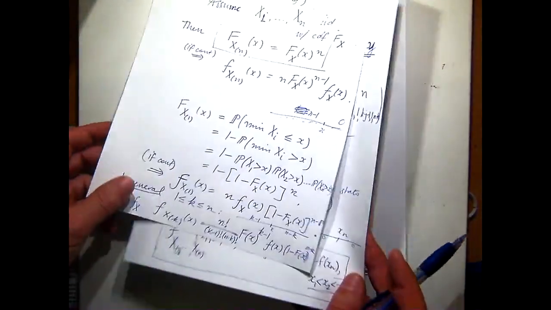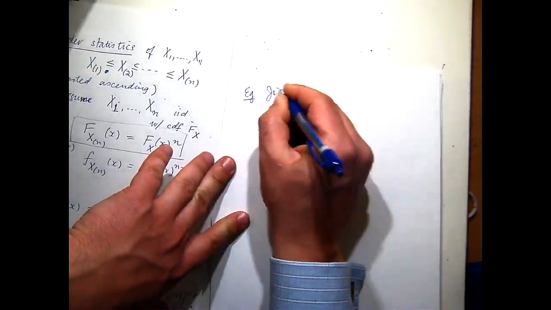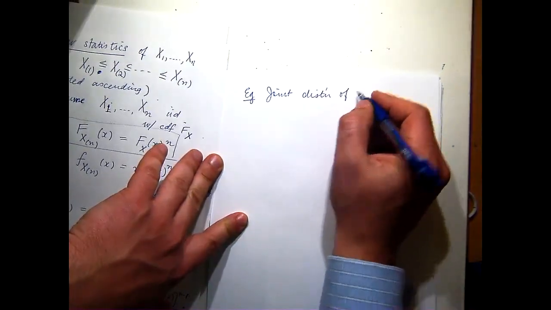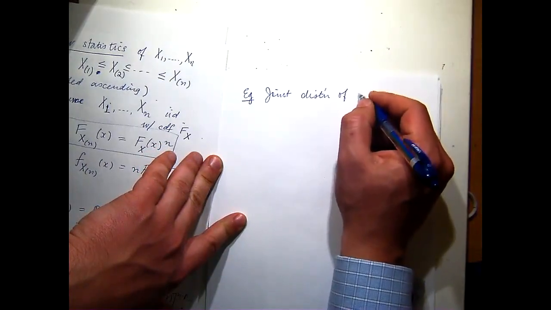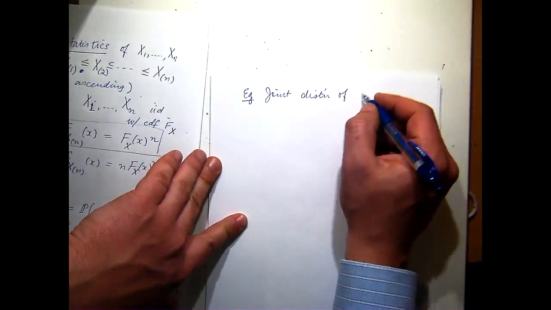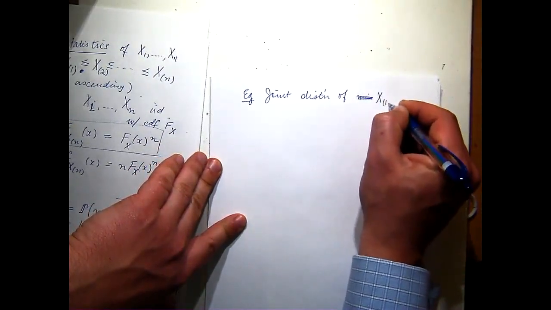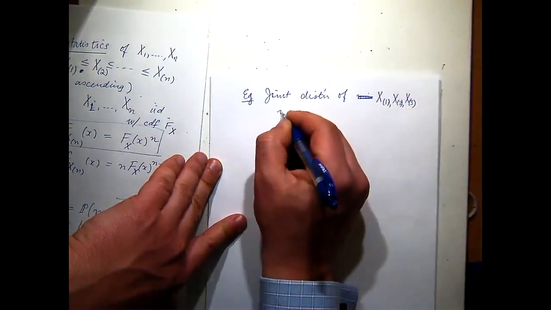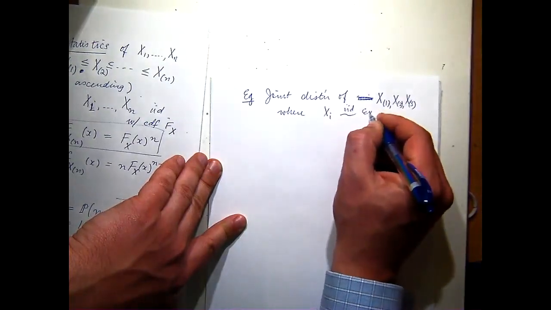So let me do an example. Let's do the joint distribution of x1, x2, x3 in a 3-variable case where the xi's are iid exponential 1.